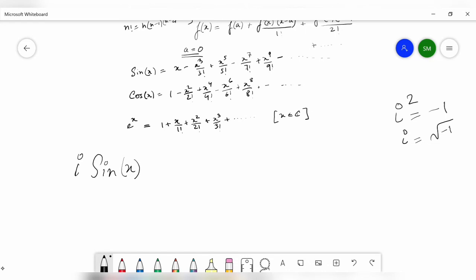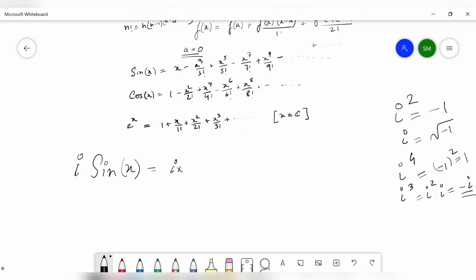And since i squared equals minus 1, you could write i to the power 4 as minus 1 squared, that is just positive 1, and i cube can be written as i squared multiplied with i, which is minus i. So i cube equals minus i, and i to the 4 equals 1. So if I multiply every term of the sin x expansion with i, you would find something like this, right?